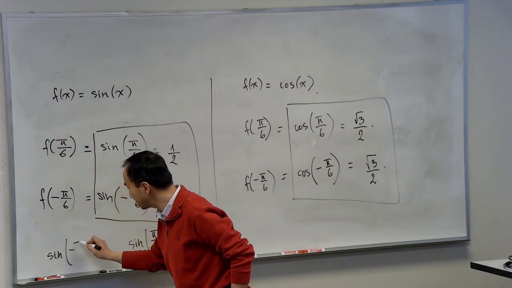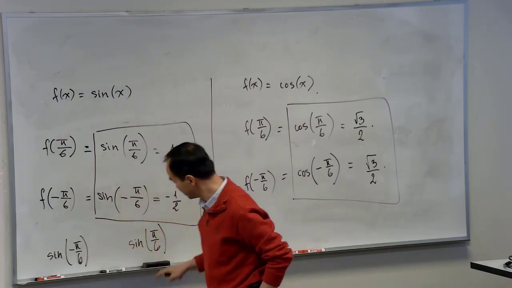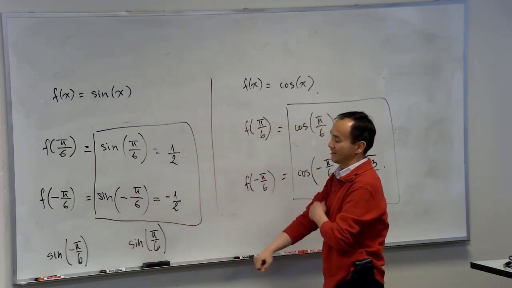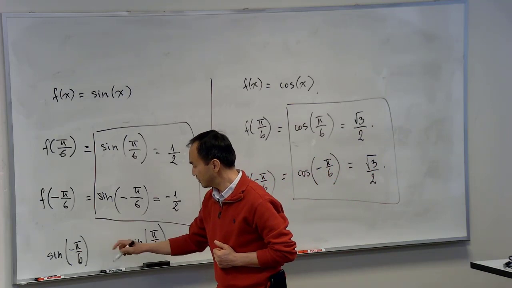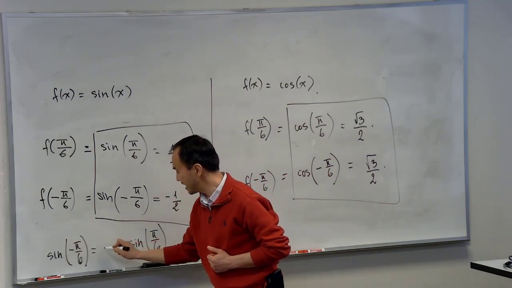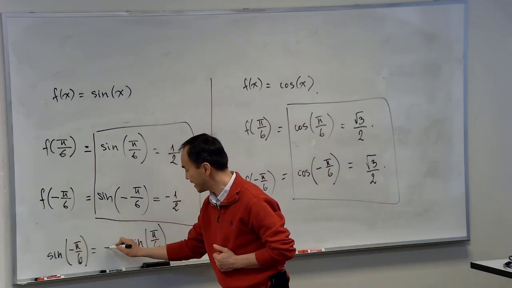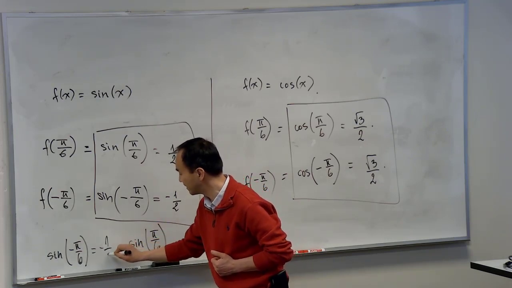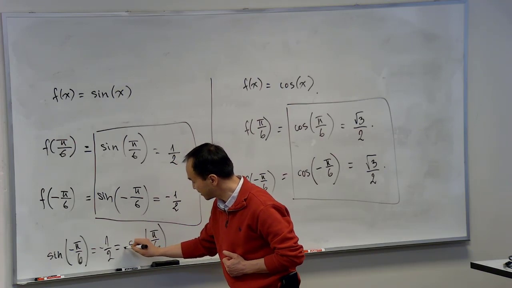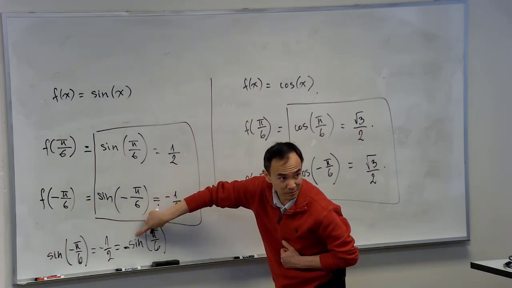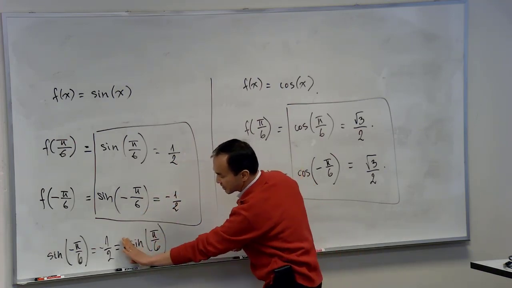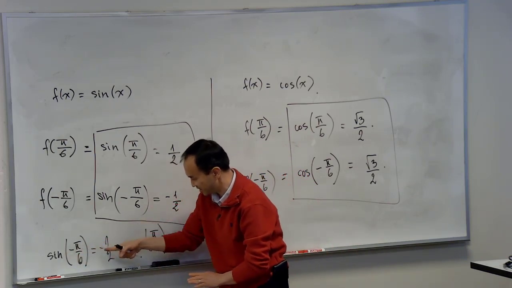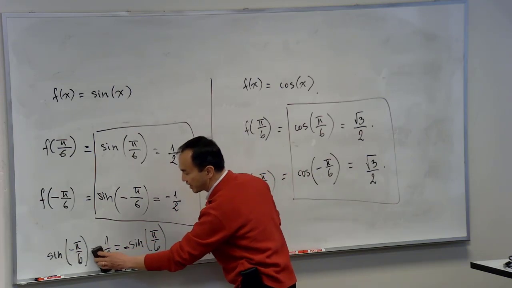Sine of negative pi over 6, same angle but the opposite input, the opposite sign. The output for this was a negative 1/2. The negative 1/2 we found here is the negative of sine of pi over 6. You see what I'm saying there? Because sine of pi over 6 itself is a positive 1/2, and sine of minus pi over 6 is a negative 1/2.